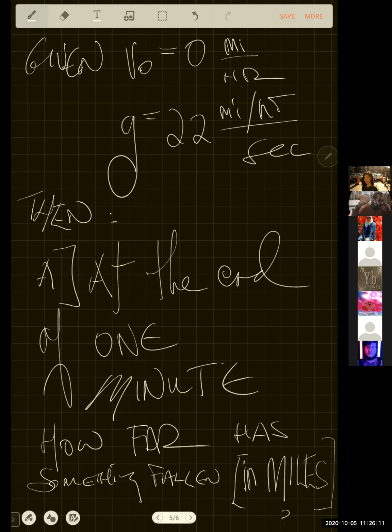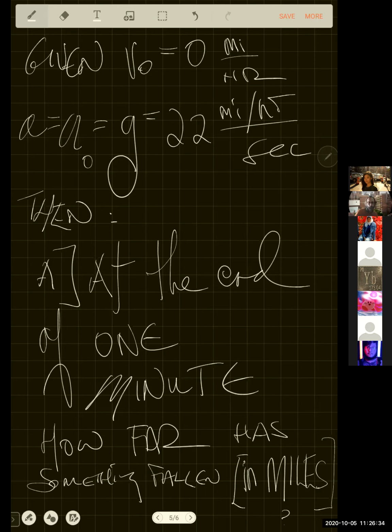In fact, let's say I'm not going to do breakout rooms because I want people to be able to see the board. We've got two questions here. I want everybody to please try right now, even on a blank piece of paper. The givens are v naught equals 0, lowercase g, which is to say a. I'm not trying to trick anybody. g is an acceleration, the constant acceleration, and here we're expressing it in miles per hour per second.